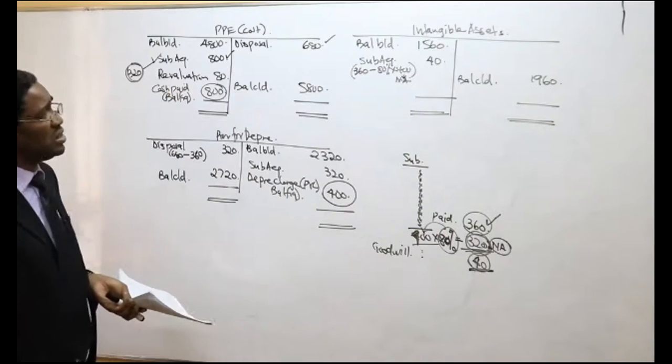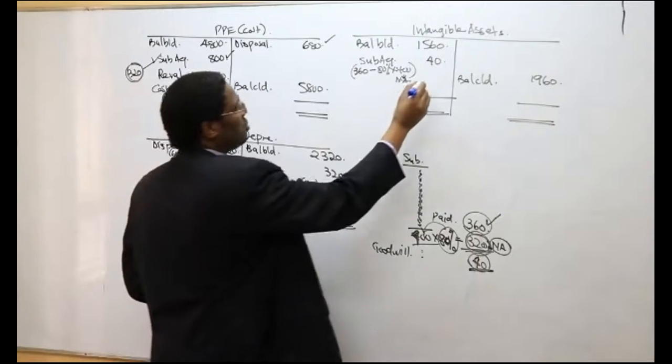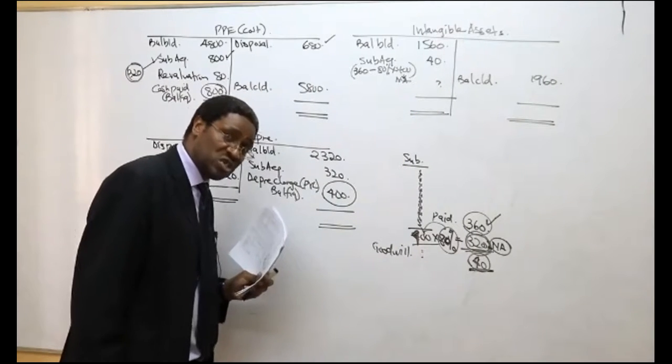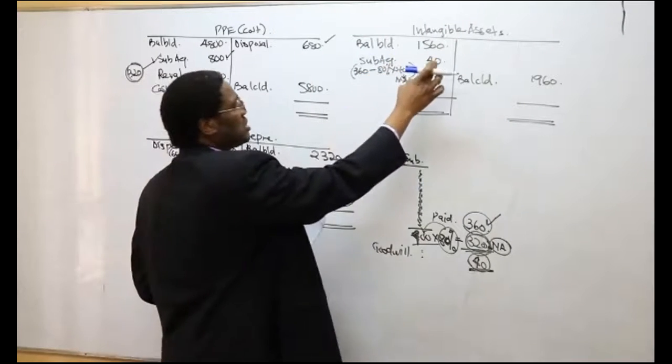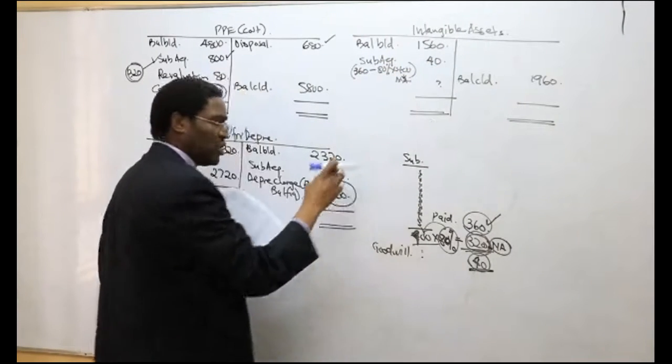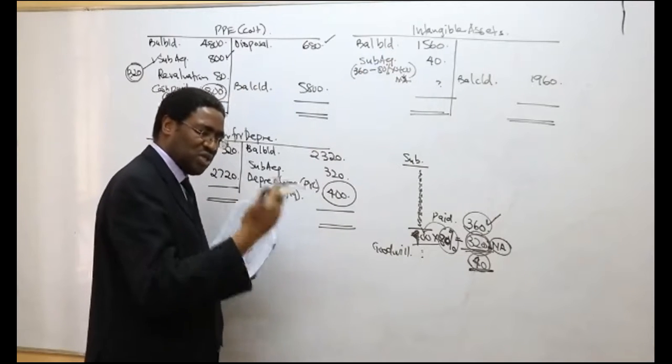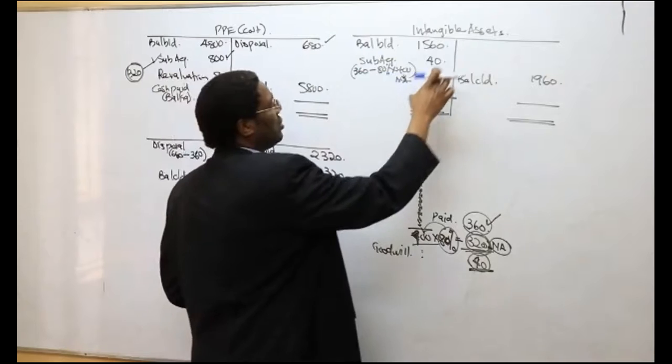And what is missing looks to be on the debit side. I hope you can conclude for yourself that if what is missing is on this side, you should be able to know what it is. What do you think it is? I have said the two missing things could be on this side or this side.